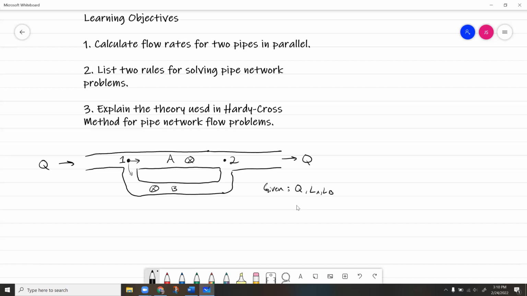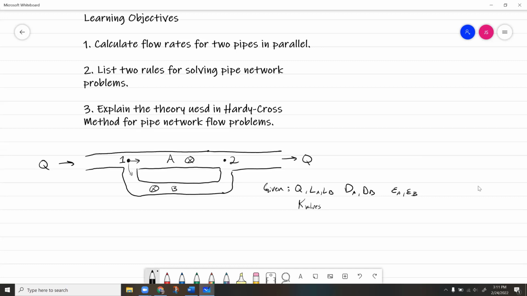We're going to be given the various diameters, DA and DB. And then of course the roughness values. So we're basically given all the parameters that we need to know. We're given the K values for the valves, etc.